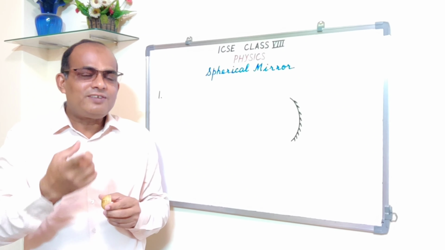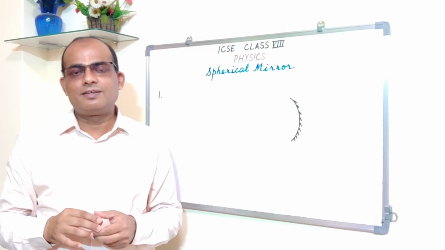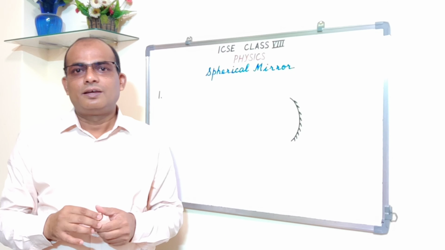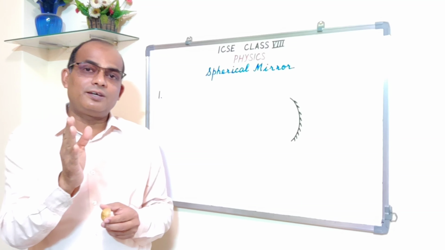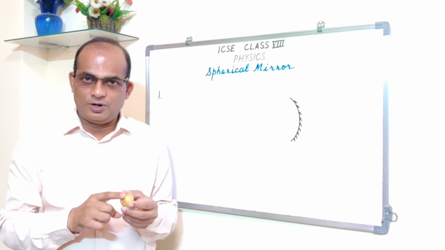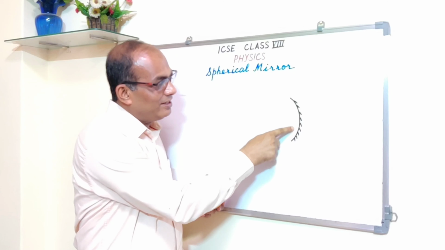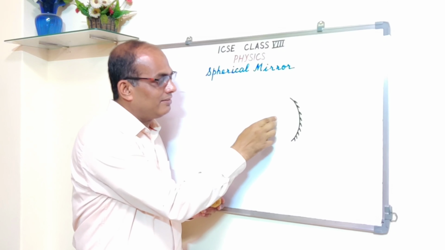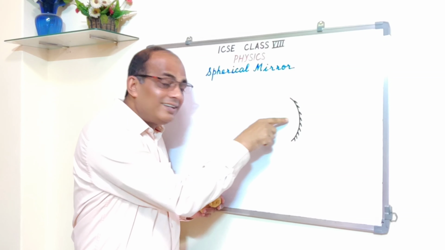Now the next question. First let me tell you, because it has to be a mirror, one of its sides we have to polish. For example, here we have polished the surface which is curved inwards, bent inside.